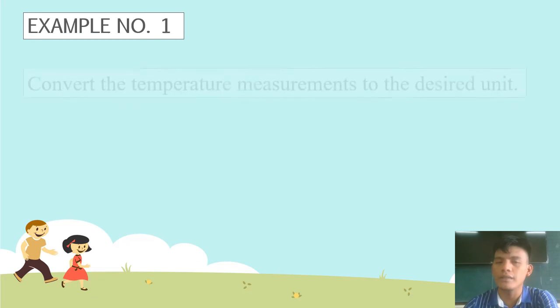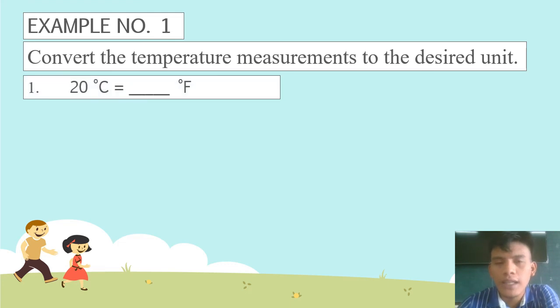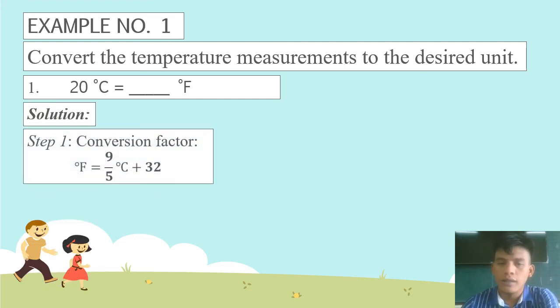Example number 1. Convert the temperature measurements to the desired unit. 20 degrees Celsius in Fahrenheit, or how many Fahrenheit? What is the conversion of 20 degrees Celsius to Fahrenheit? Conversion factor. The formula for degrees Fahrenheit is 9 over 5 degrees Celsius plus 32.